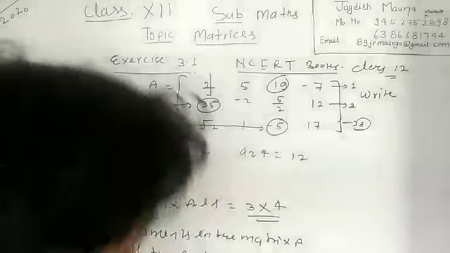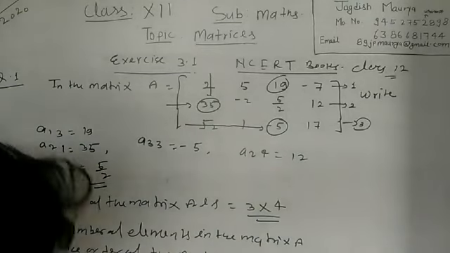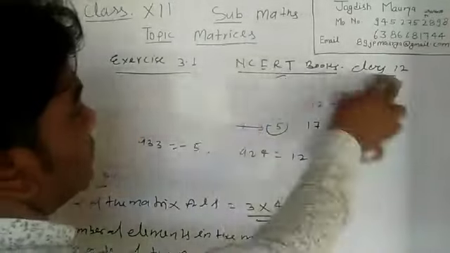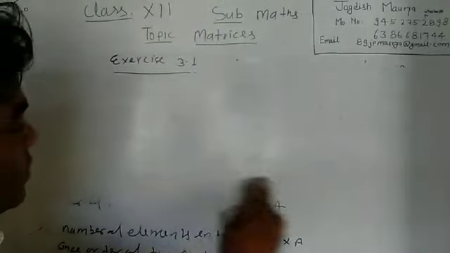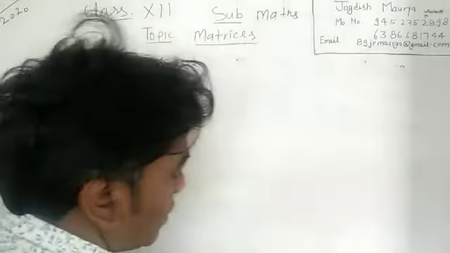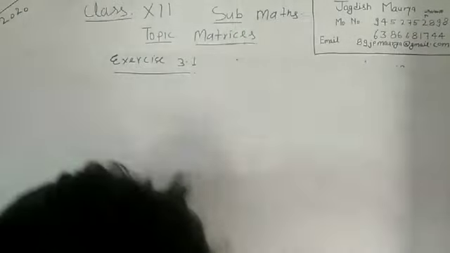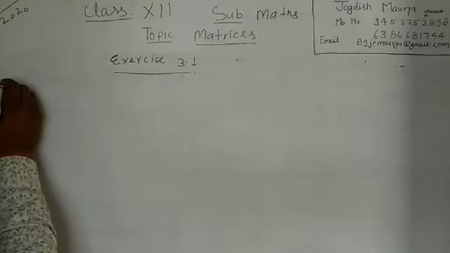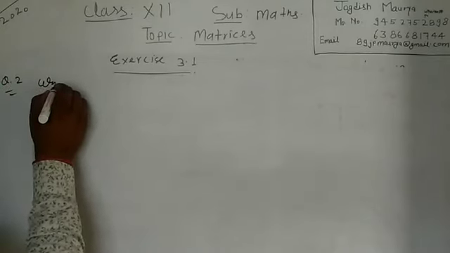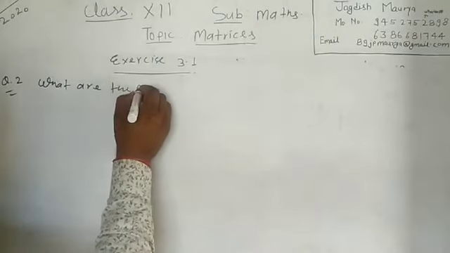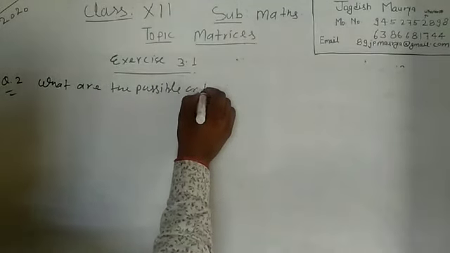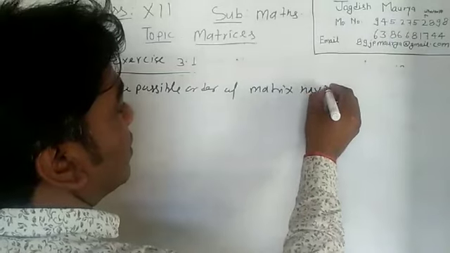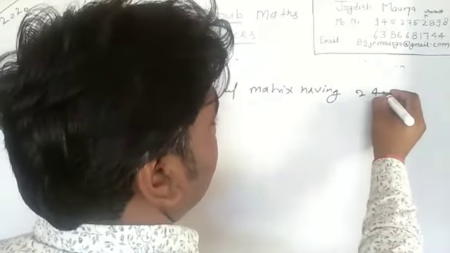Now question number 2. Question number 2 is, what are the possible orders of a matrix having 24 elements?